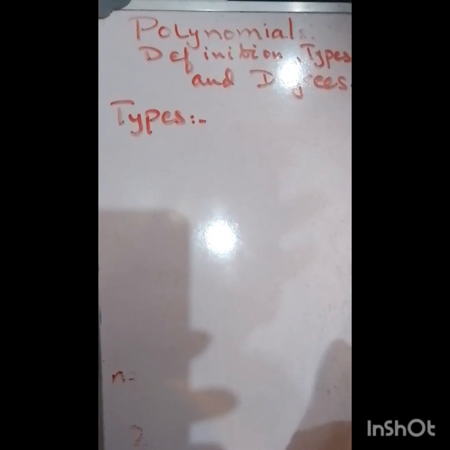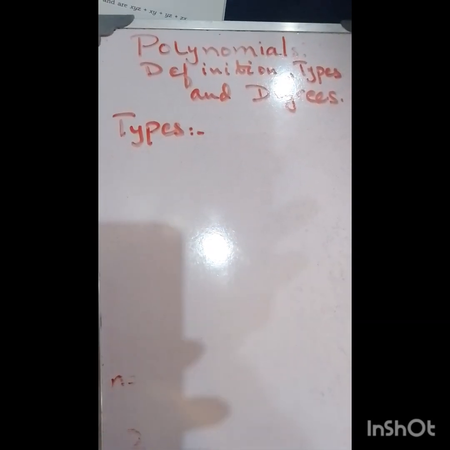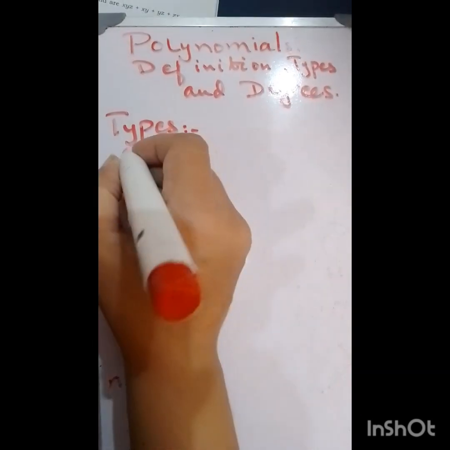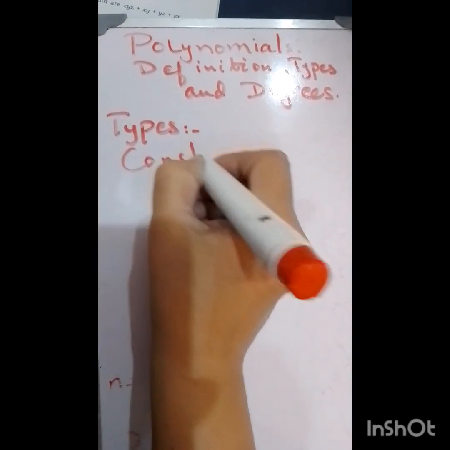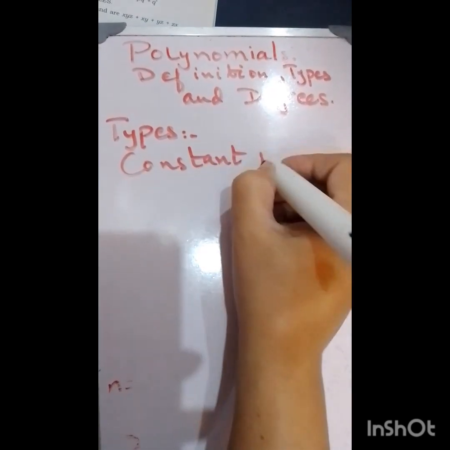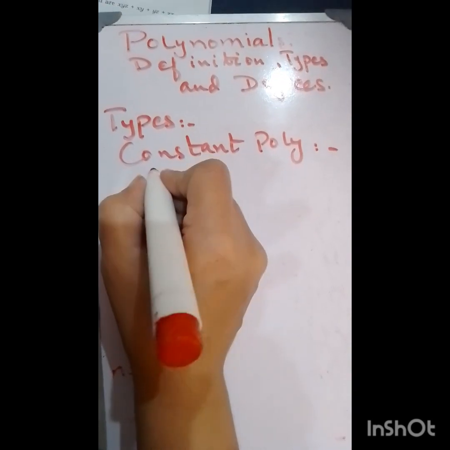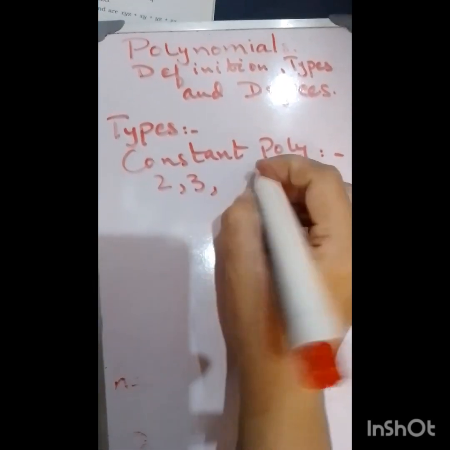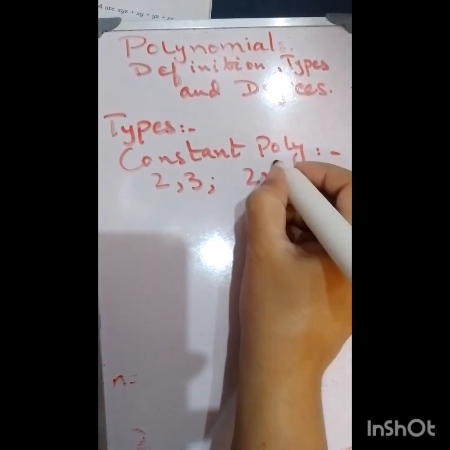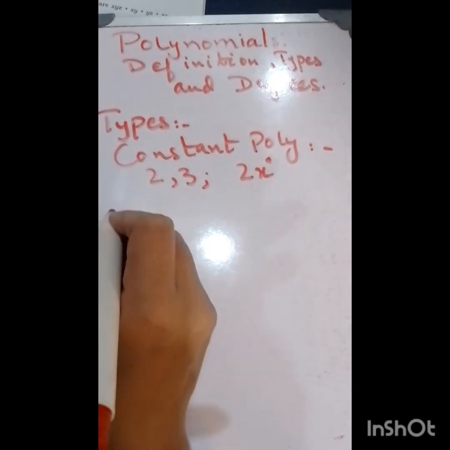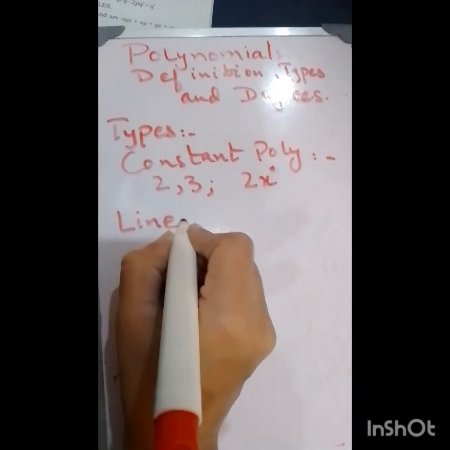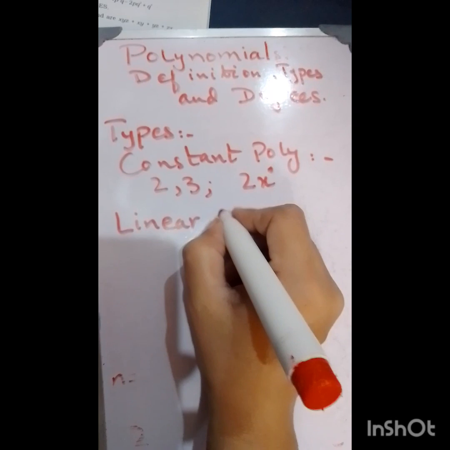Okay, so polynomials have different types. First of all, there is the constant polynomial. Constant polynomials are like 2, 3, in which you have 2x naught. Then we have the linear polynomial.